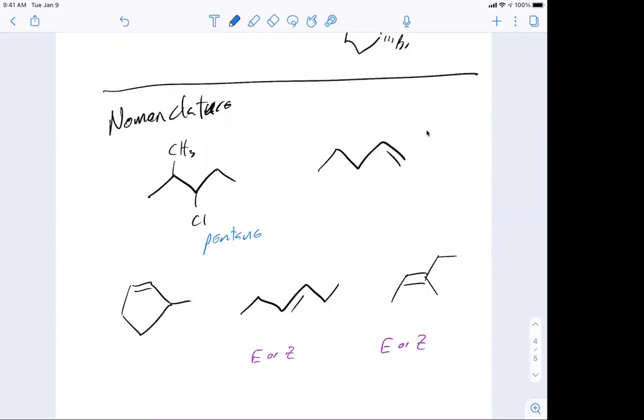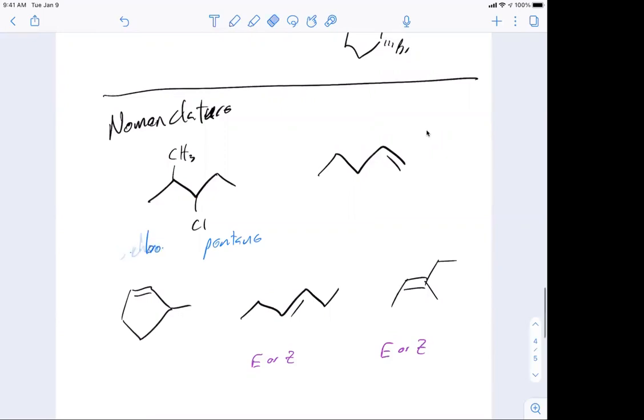So we'll go with 3 chloro, 2 methyl. And no stereochemistry is shown, so I don't have to worry about R or S.